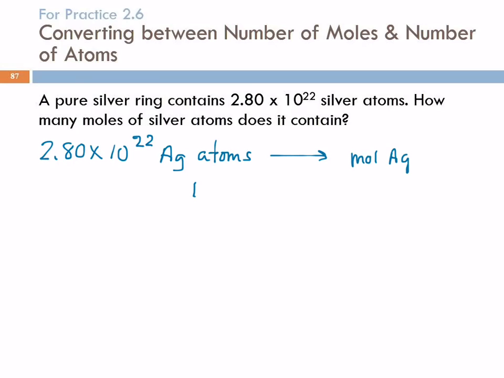The relationship is that 1 mole equals 6.022 times 10 to the 23rd atoms. Sometimes it'll be ions, sometimes it'll be molecules. It's just a number, a counting number.